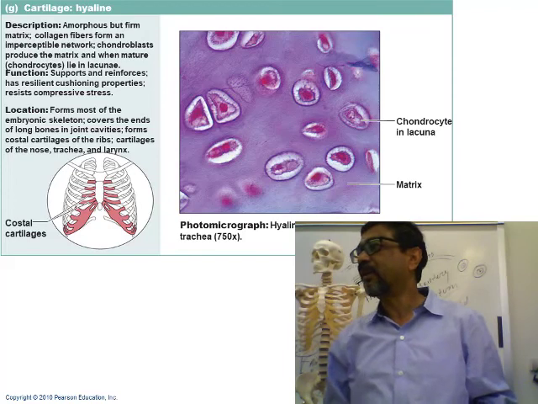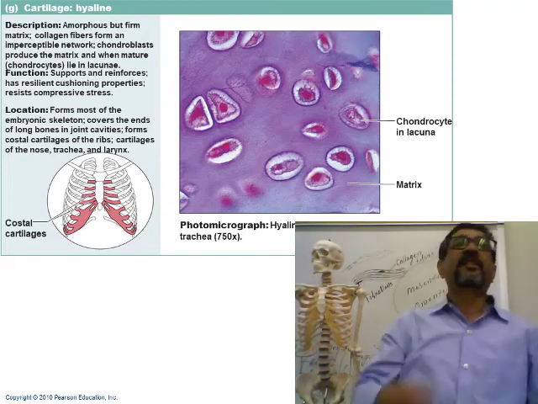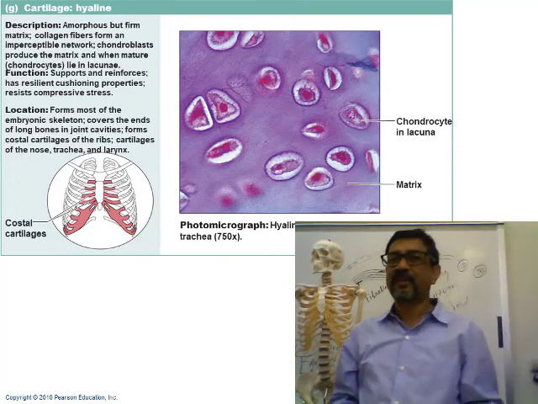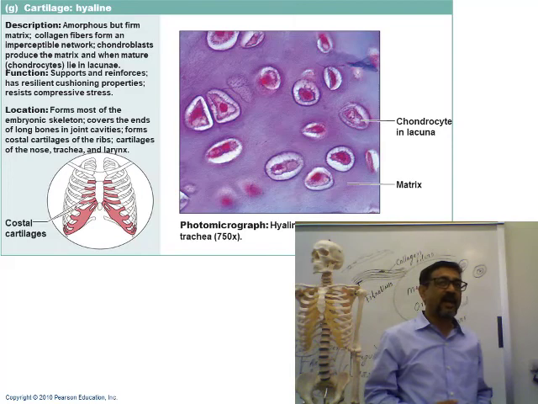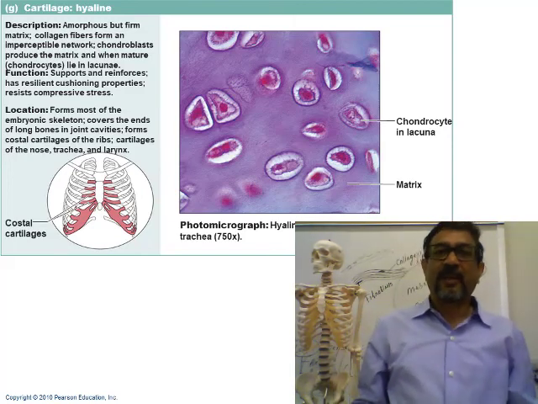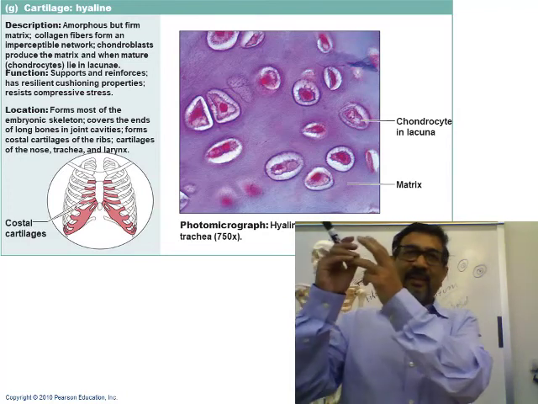Costal cartilages. Number three, respiratory tract cartilages, in your trachea and larynx. How many have I mentioned? Three, right? Skeleton of the fetus, costal cartilages, and respiratory tract.